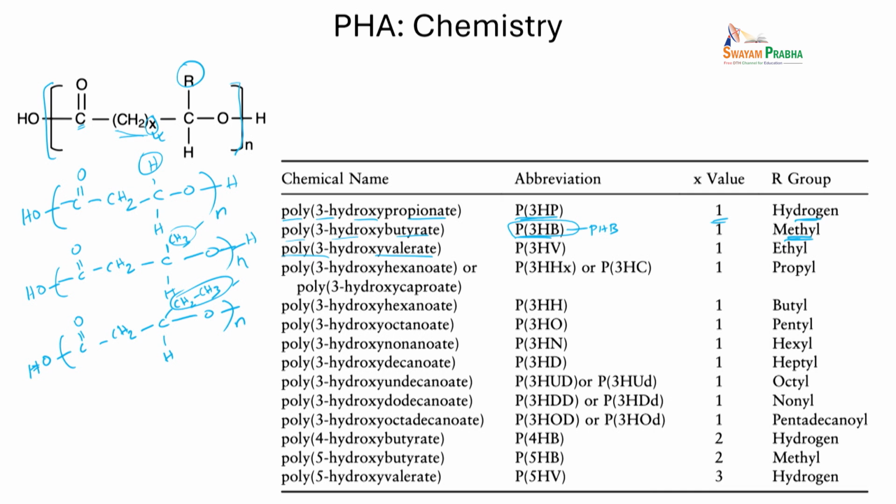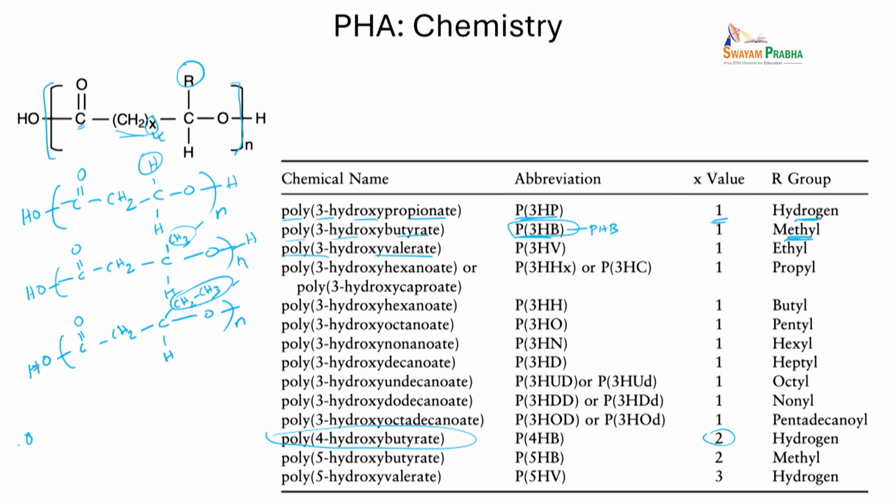The moment you change one side chain group, the property is also going to change. And there are also other things. For example, consider P4HB, where X is equal to 2. That means this will have a CH2 CH2 group.